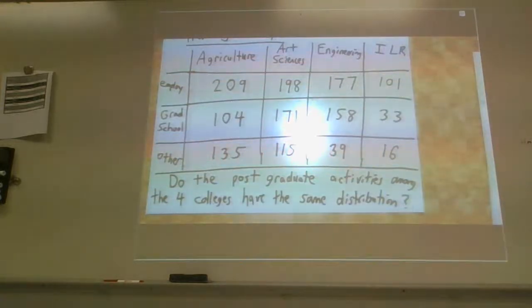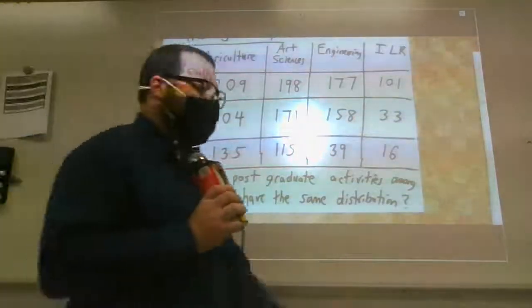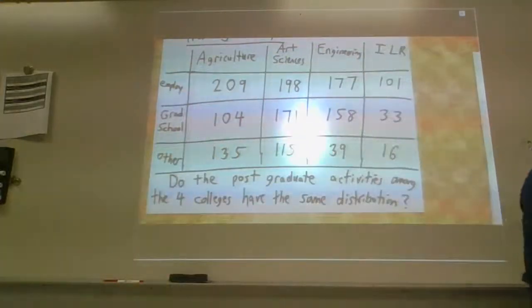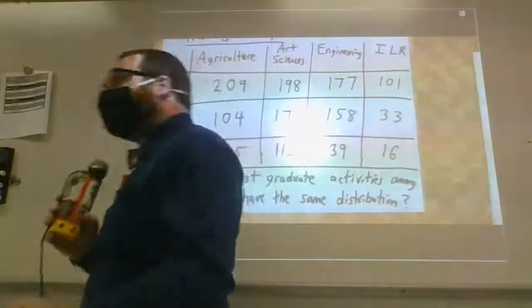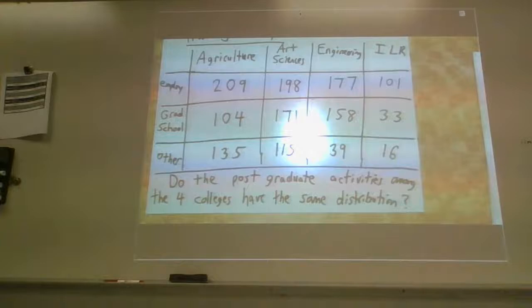Are they the same? Depending on which college of study that you go to, if you're in the College of Agriculture versus the College of Engineering, do you have better prospects of getting a job? Or does the college that you're in maybe require more grad school?